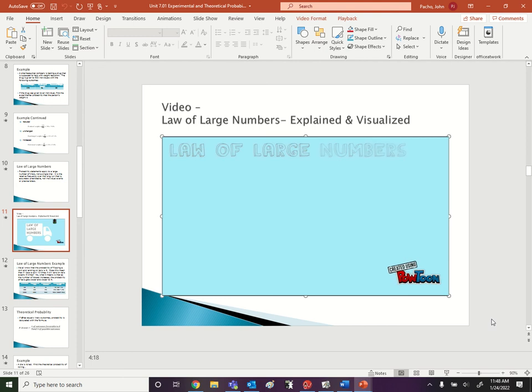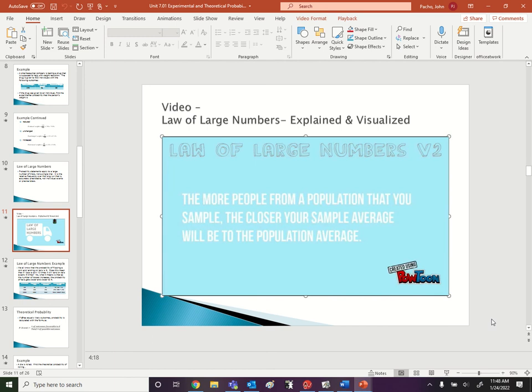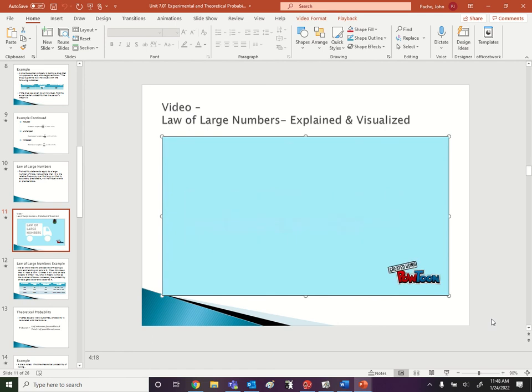Another version of the law of large numbers explains that the more people from a population that you sample, so the larger your sample size, assuming your sample is free from bias, the closer your sample average will be to the population average. Let's say you have a group of 100 people. Each has some number of dollars in their wallet.